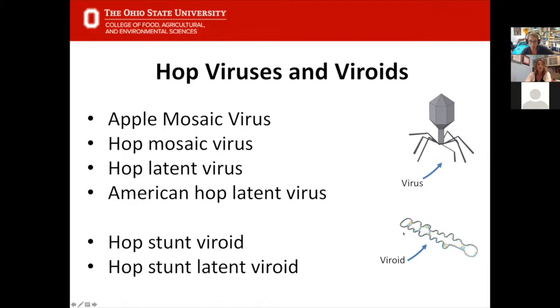We also don't know a lot about how they're transmitted, which makes them difficult to work with. That's why viroids are often included with viruses when you're talking about the two.